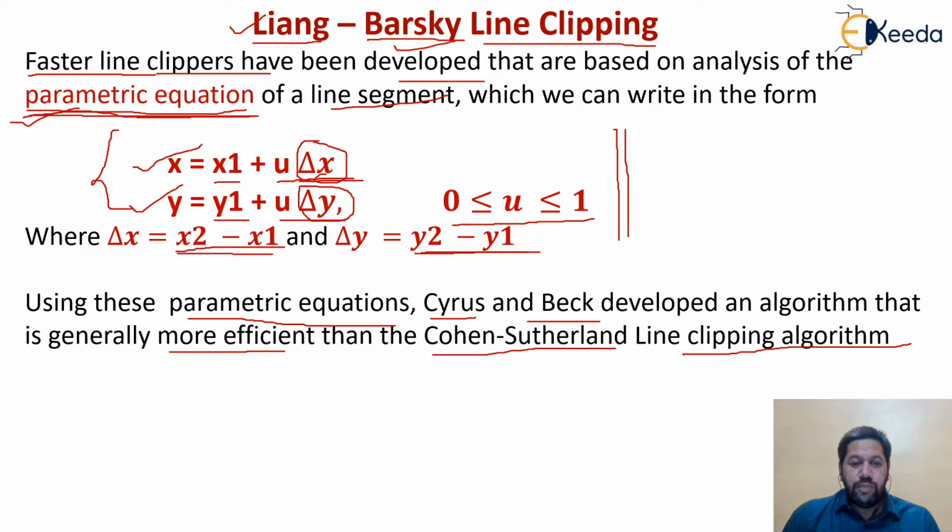Before the development of the line clipping algorithm by Liang and Barsky, Cyrus and Beck developed a line clipping algorithm. Obviously, it is more efficient than the Cohen-Sutherland algorithm, and they used these parametric equations.